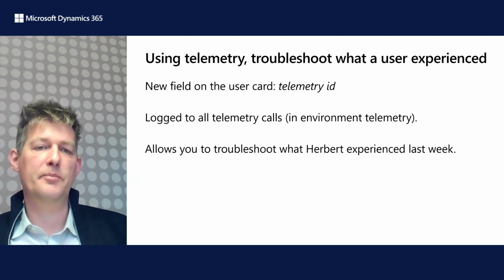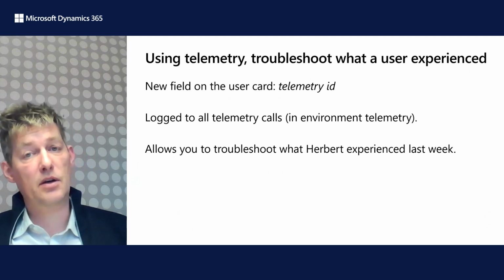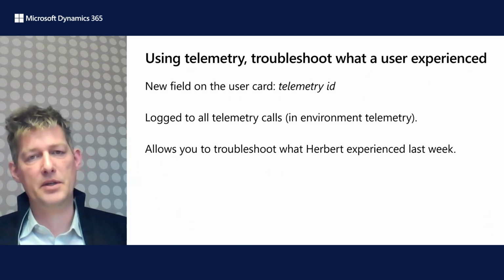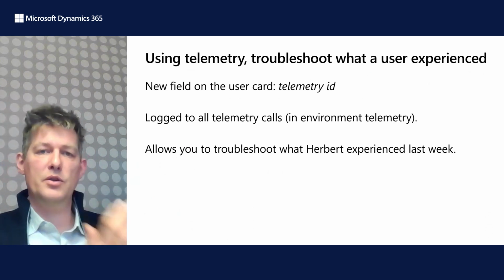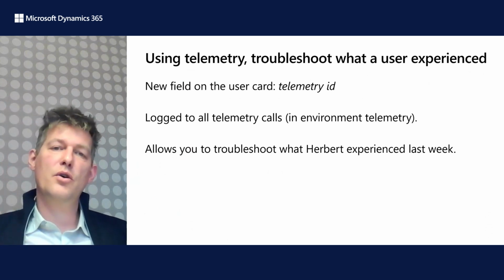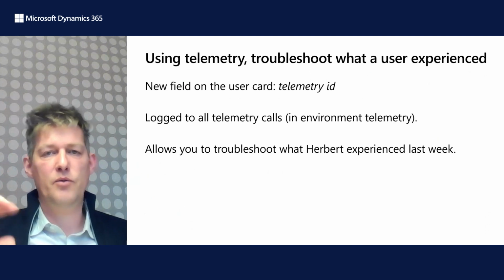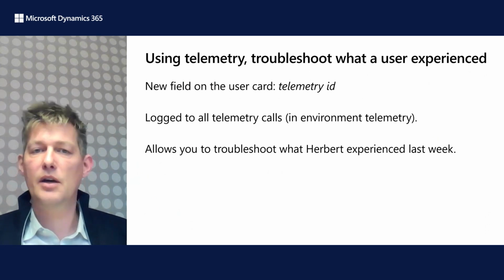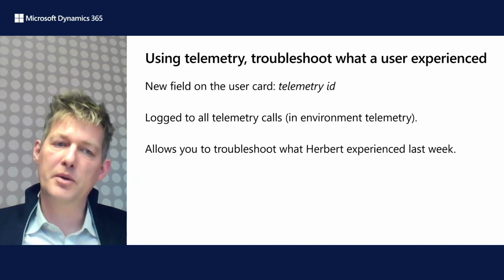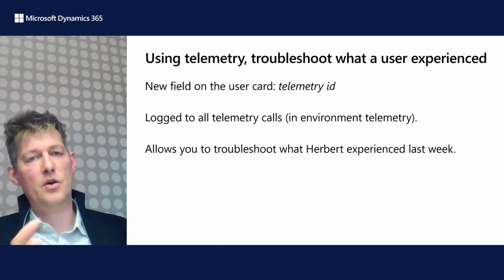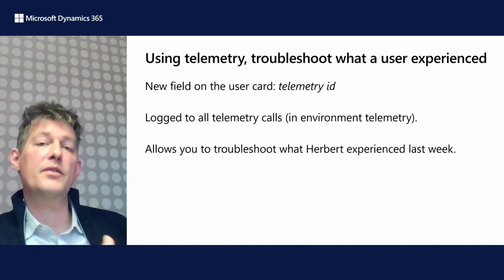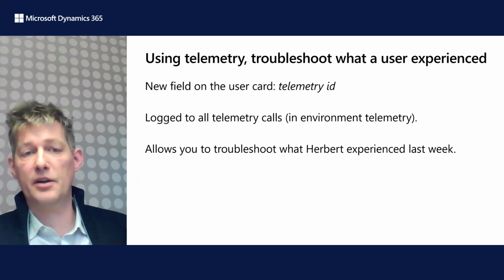And this telemetry ID can be rotated on the user card, meaning that if you need to break the tie from the Business Central user table to the telemetry resource, you just go into the user table and rotate that, or you can even turn it off by setting this telemetry ID to a null GUID. Now, this is very useful because if you have someone who only has access to telemetry, you can give them the telemetry ID for that particular user.